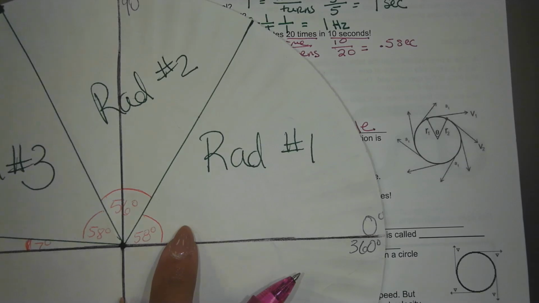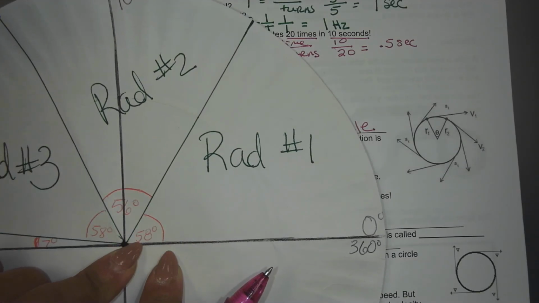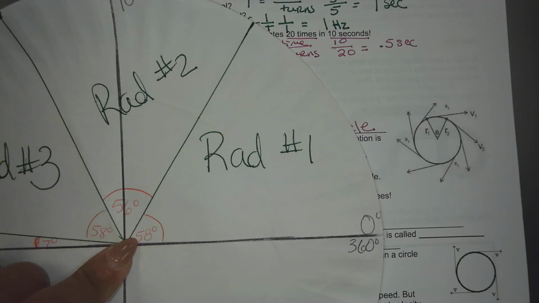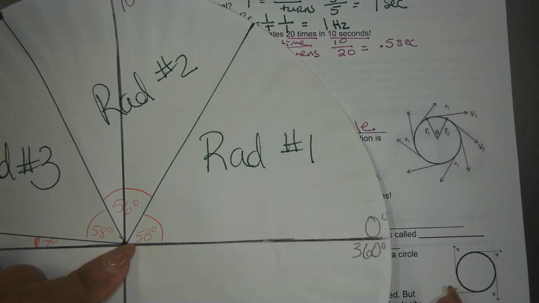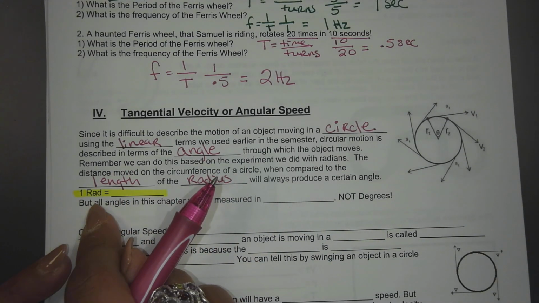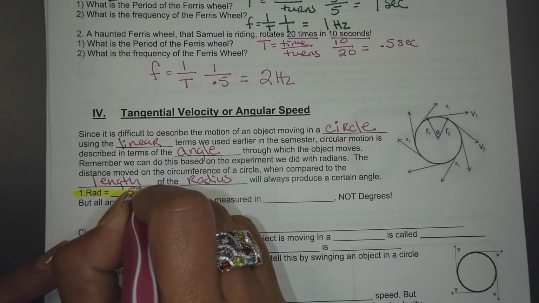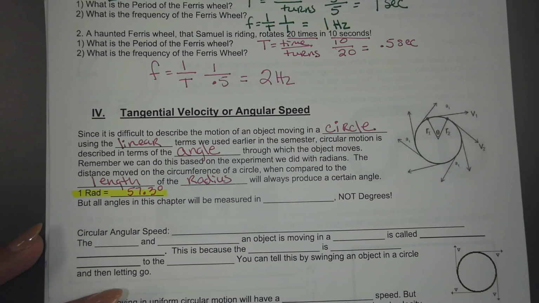Now, when we did that, we used our protractor, and I personally found that 1 rad here for me was 58 degrees. And I said, hey, you know what? The word of the day is perfection. Well, if we were perfect, 1 rad truly actually is 57.3 degrees. Every single rad 1, 2, and 3, should have come out at 57.3 degrees.